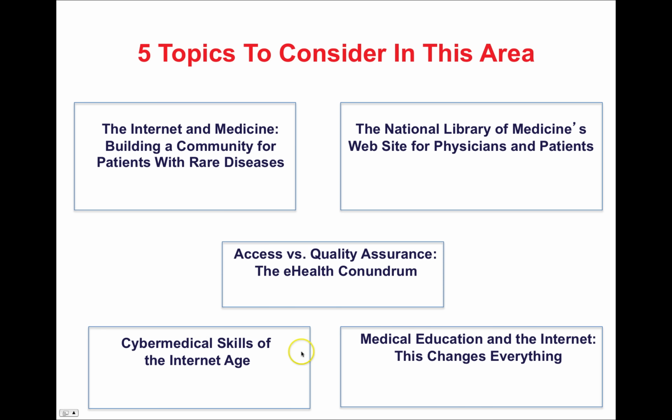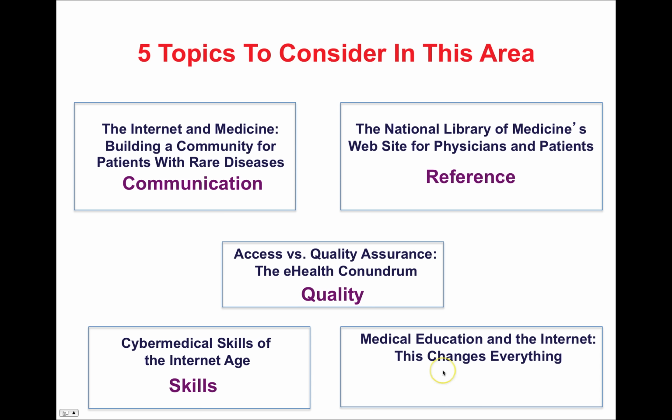And then medical education on the Internet, and people claim that this changes everything. I'll leave you to make that decision yourself over the weeks, months and years to come. And really what we're looking at here is communication, reference, quality, skills, and then ultimately education. And there is a mixture of this going on online with regard to healthcare information.